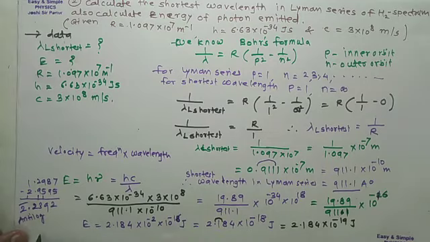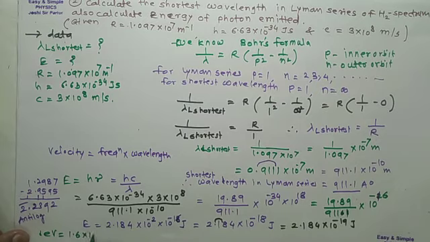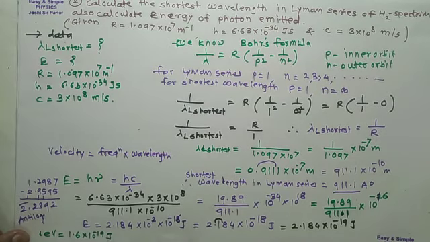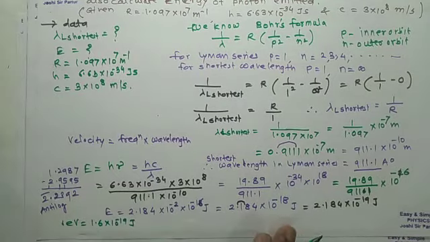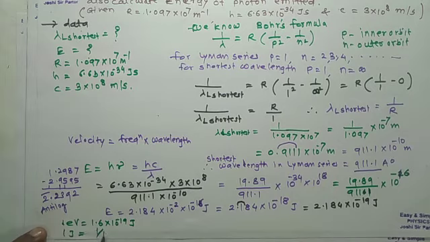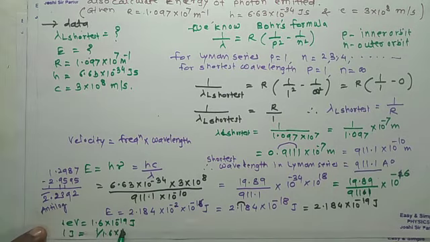Here we know that 1 electron volt is equal to 1.6 into 10 raised to minus 19 joule. So 1 joule is equal to 1 upon 1.6 into 10 raised to minus 19 electron volt.